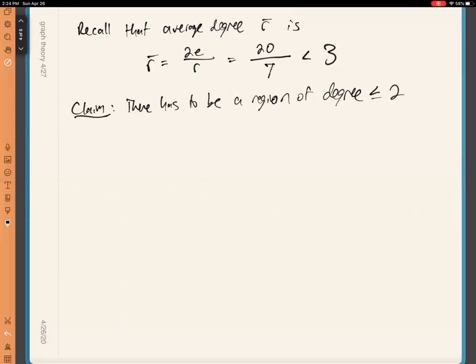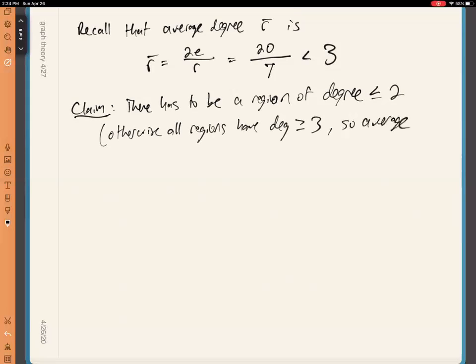Well, think about it this way. Suppose there were no region of degree less than or equal to 2, right? Otherwise, all the regions would have degree bigger than or equal to 3. But if all the regions have degree bigger than or equal to 3, then when I take the average it would have to be bigger than or equal to 3.